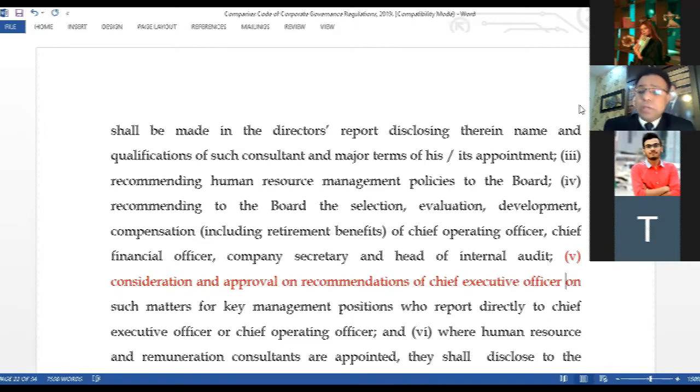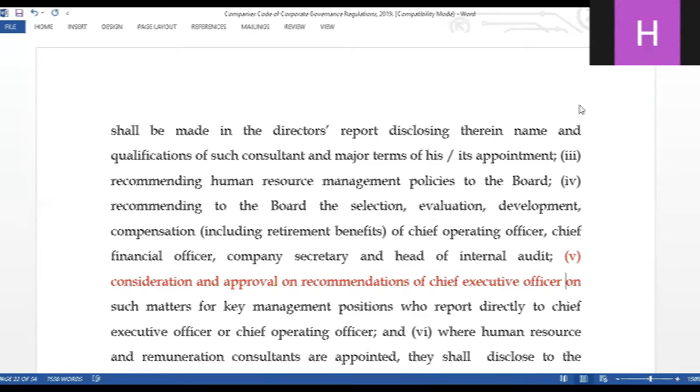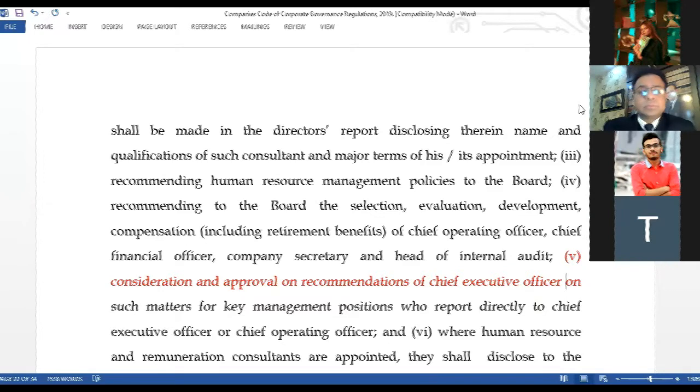Now we will look at TOR number 5, and let me invite another member of our class to do the reading, Mr. Umar Amjad. Please share TOR number 5 with the classmates. Consideration and approval on recommendations of Chief Executive Officer on such matters for key management positions who report directly to Chief Executive Officer or Chief Operating Officer.